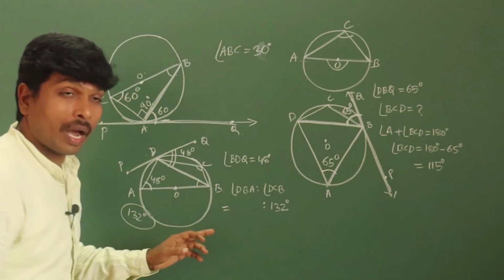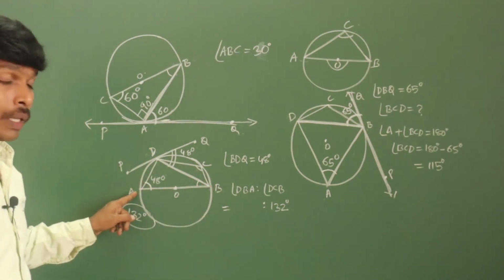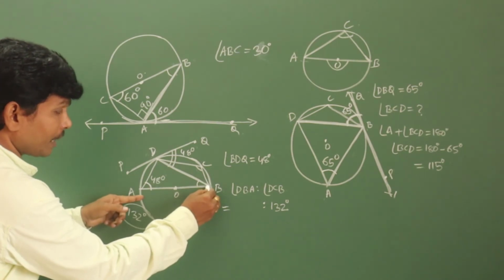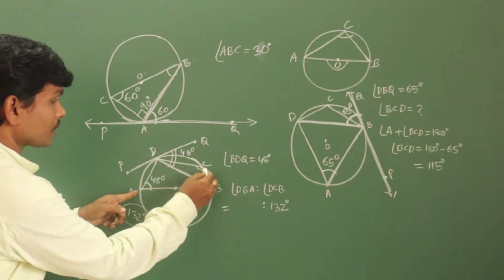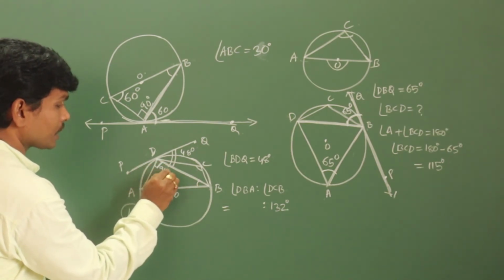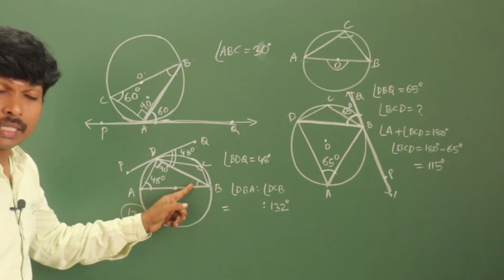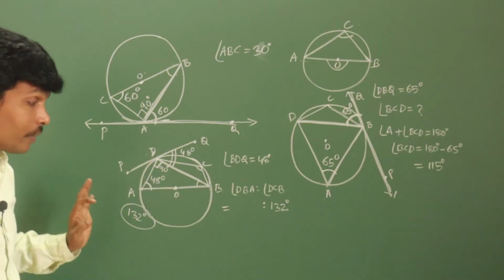Fantastic. Now you have to find angle DBA. Here you have the 48 degrees. And it is the diameter. Diameter at D. It is the semicircle. The angle in a semicircle is 90 degrees. So this is 90. Now what is the angle of it? This is definitely 42 degrees because the sum of the three angles in a triangle is 180.